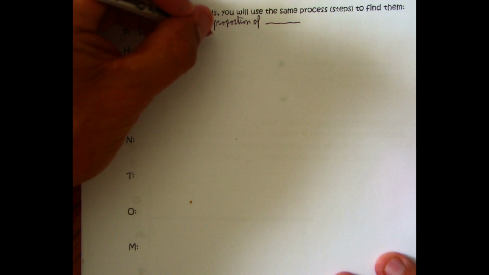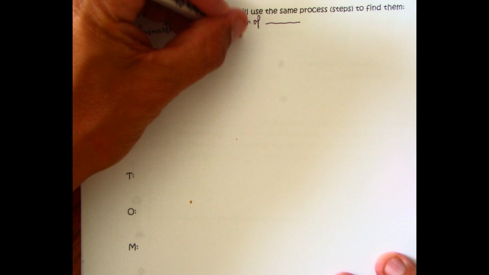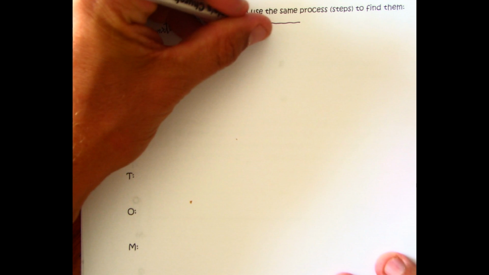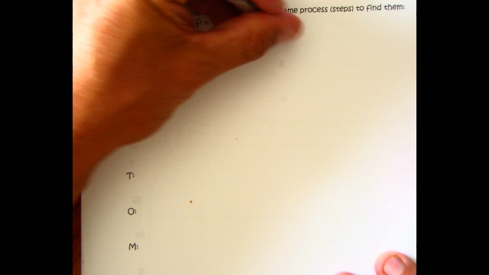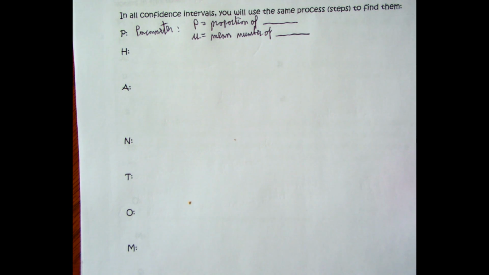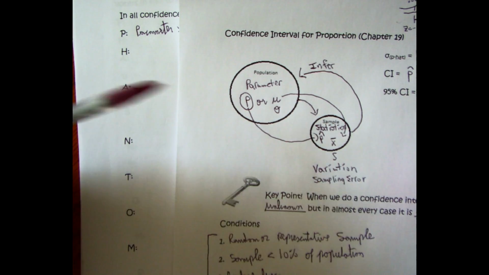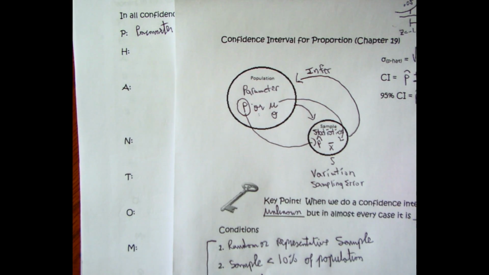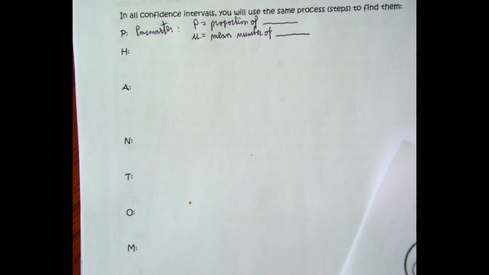Mu is the mean number of whatever: the mean SAT score in math for all Brian McMahon students, the mean income level for all people who live in Norwalk. So our parameter, again, comes from our population. Don't forget, right here, there's your parameters. For now, it's p if it's a proportion, and mu if it's a mean.